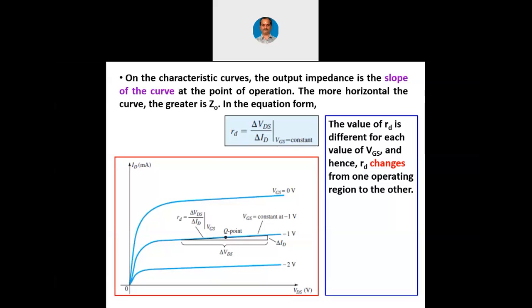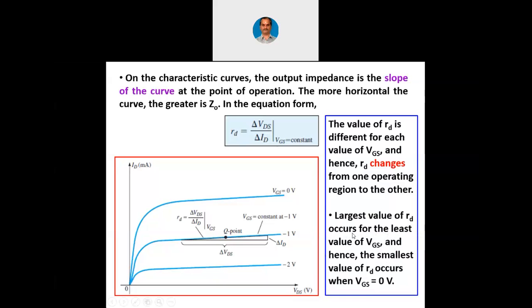In case of BJT, in general, the manufacturer is going to give us the output resistance R0 and we are going to substitute that value in our analysis. But here the value of RD can slightly change for a given value of VGS. So from one operating point to the other, the RD will change.